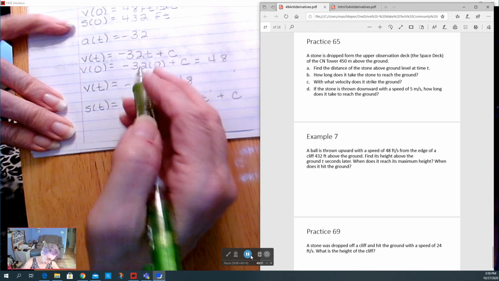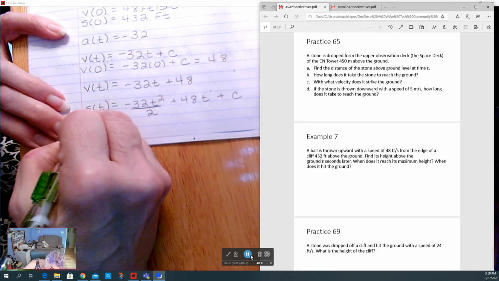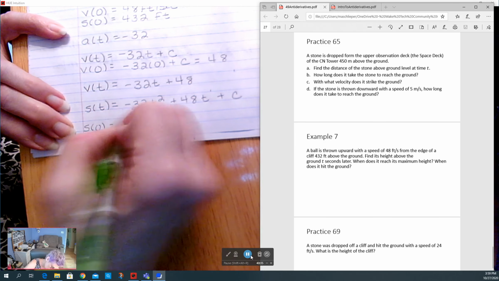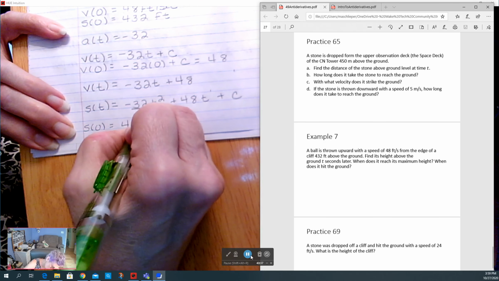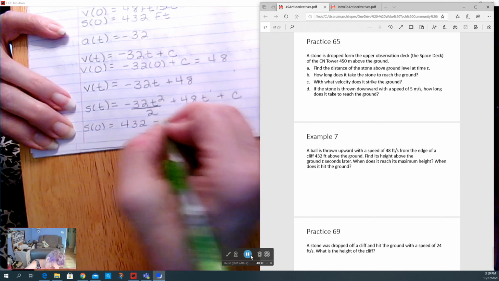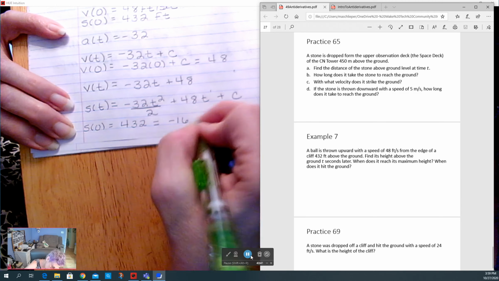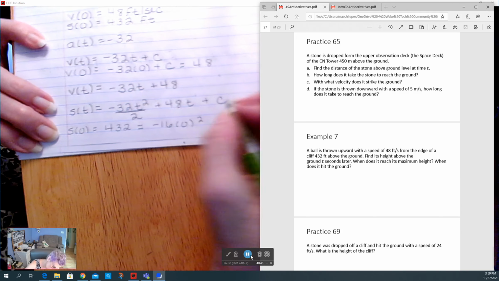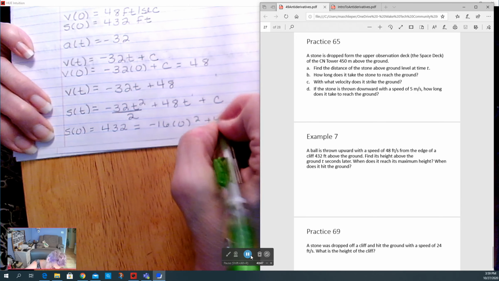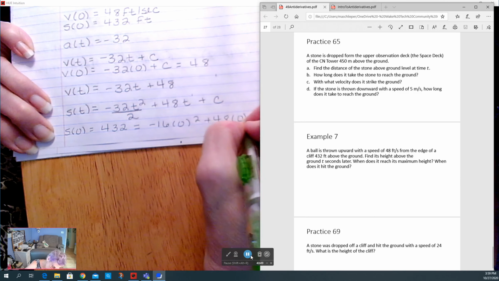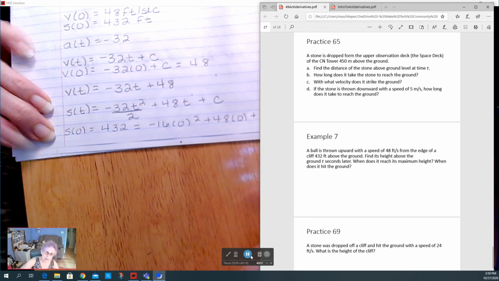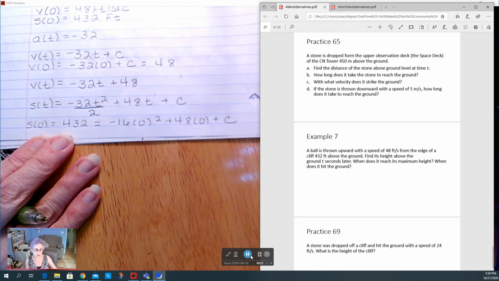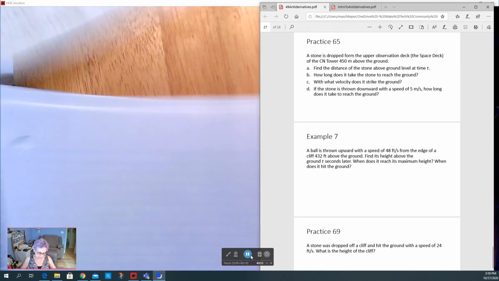And we have an initial position, 432, which has to be equal to negative 16 times 0 squared, because 2 goes into 32 16 times, plus 48 times 0 plus c, so my constant is 432.